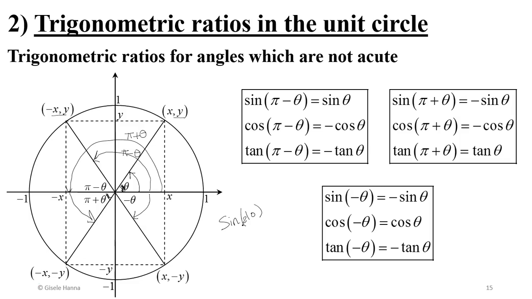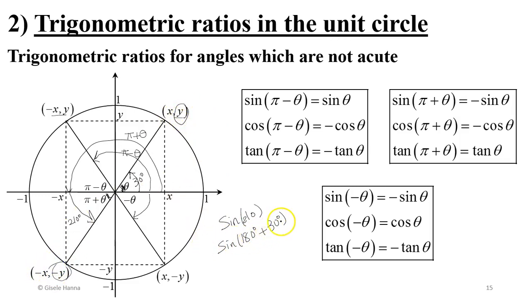We know that 210 would in fact be 180 plus 30 degrees. According to this, since over here sine is the y, they have opposite y's.